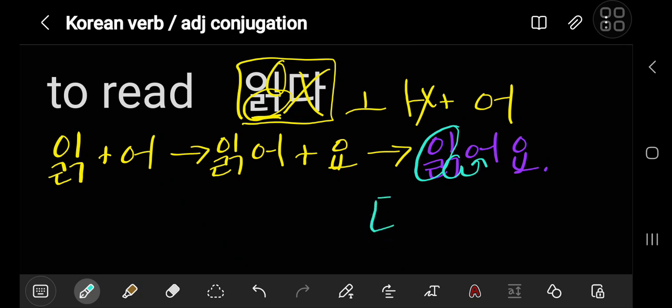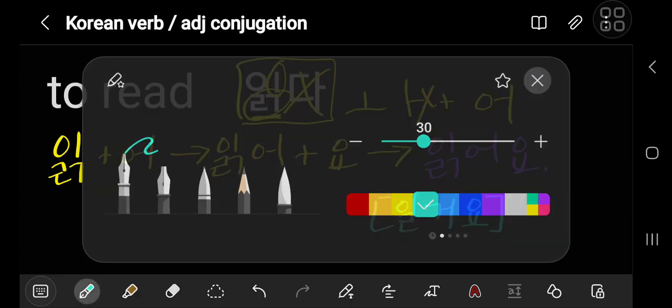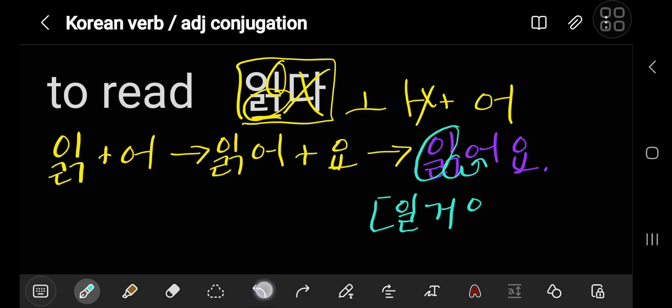So the sound becomes 읽어요. But the spelling remains the same as it is up here. The spelling remains the same when you're writing it, but when you say it, this is how you say it. That's why I'm putting it in these brackets, which you can find on the dictionary as well to help you understand how to pronounce things.